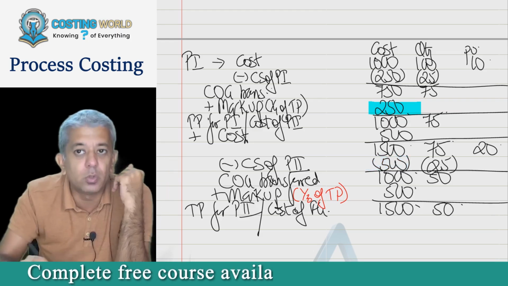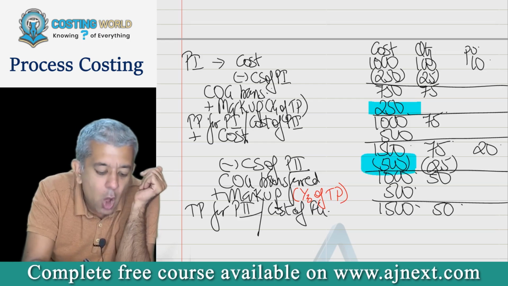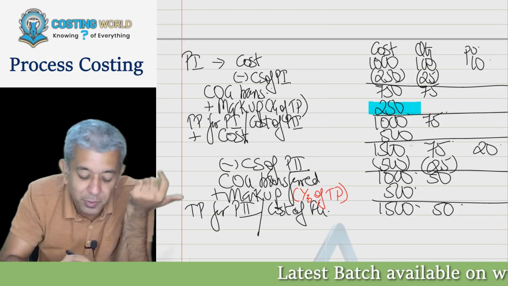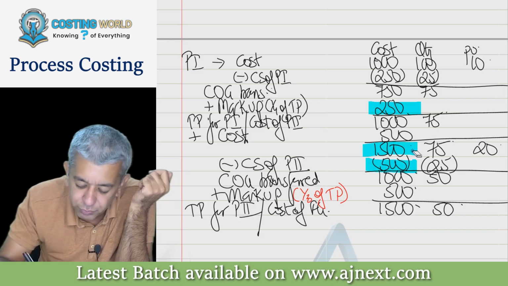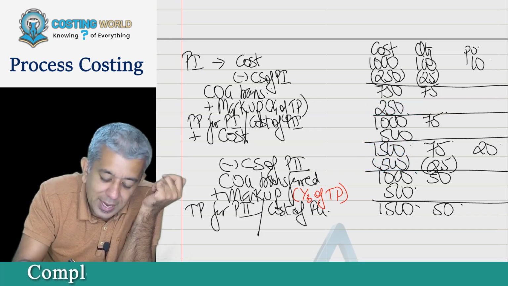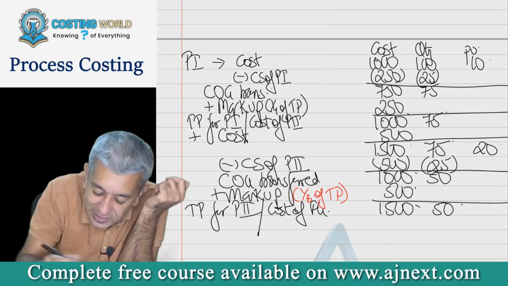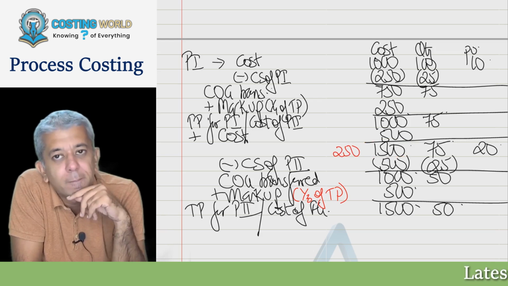So therefore what to do? You try to find out in 500 how much is the profit of department 1, and that is the simplest thing for me to do. Can we say 500 is part of 1500? Yes or no? And can we say 1500 itself has 250 rupees of profit of department 1 only, no?